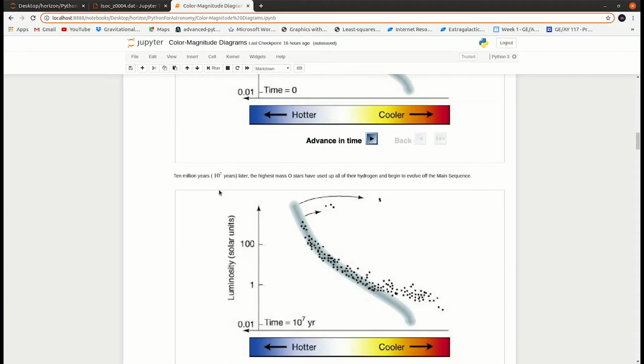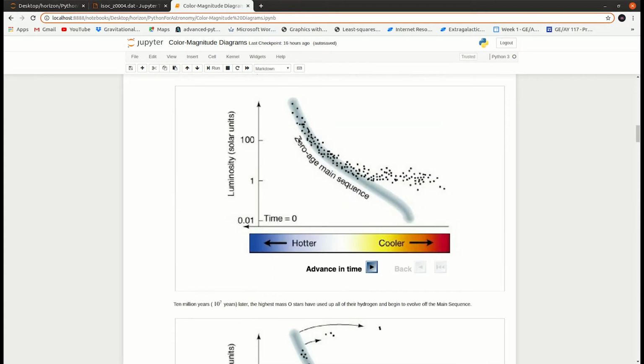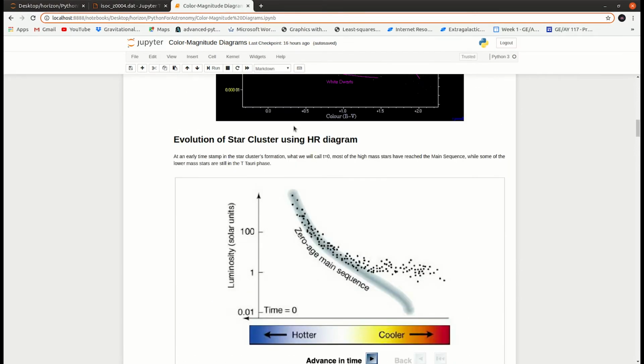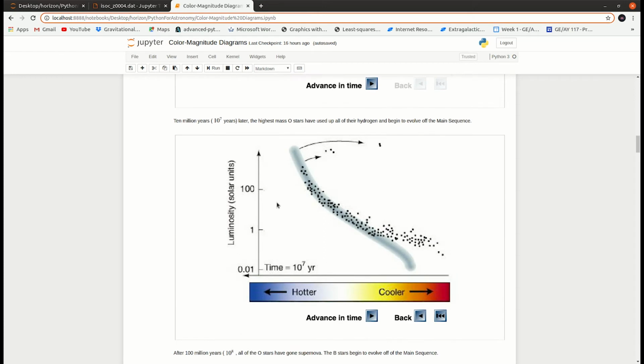But after some time, let's say 10 million years, these stars which are really hot, the O type stars, the B type stars, the hot or more massive stars, run out of their hydrogen fuel, and they start to evolve off the main sequence and move towards the giant branch, the red giant branch.